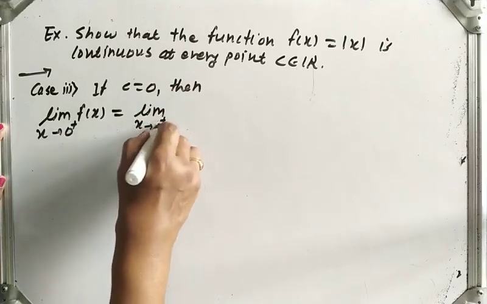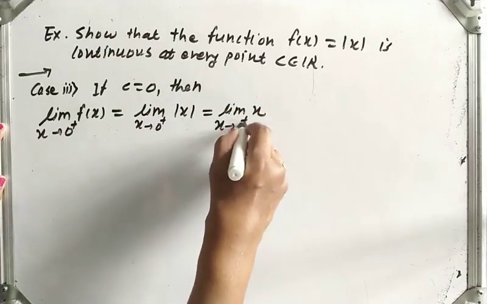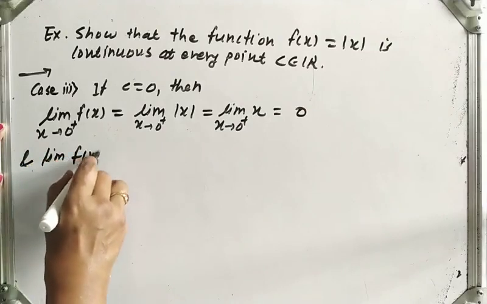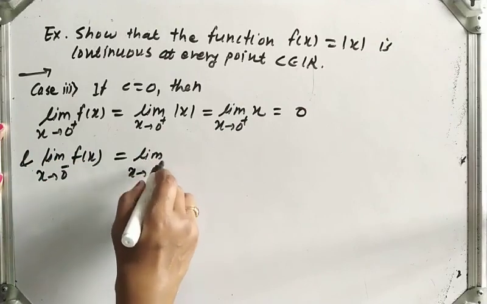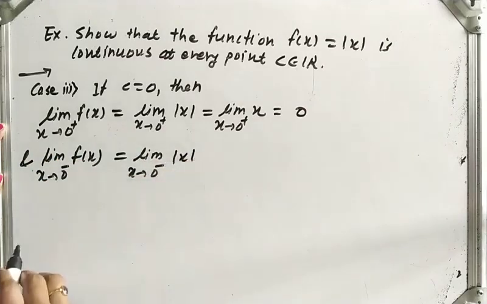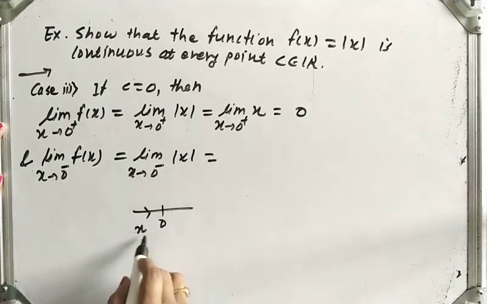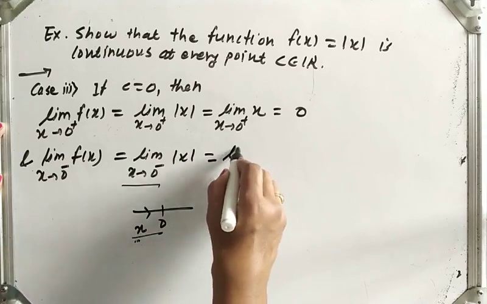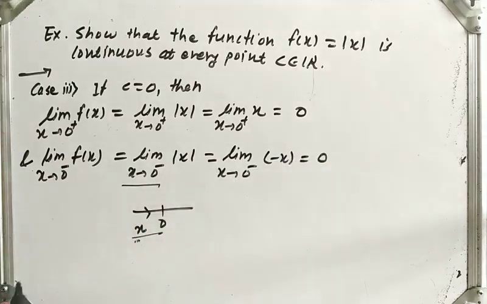Limit x tends to 0 plus of mod x is equal to limit of x as x tends to 0 plus, which is equal to 0, and limit of f x as x tends to 0 minus is equal to limit x tends to 0 minus, our f of x is mod x. So mod x as x tends to 0 minus, means what? x is at the left hand side, it means x is negative. And what is modulus of negative number? That is minus x. So limit x tends to 0 minus of minus x, after applying limit it is also 0.